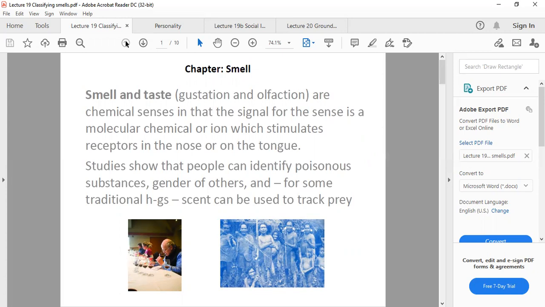Studies show that people can identify poisonous substances and the gender of others, and for some traditional hunters, scent can also be used to track certain prey. So that's why smell is used in quite a number of things, and also why we're talking about classification of smell.